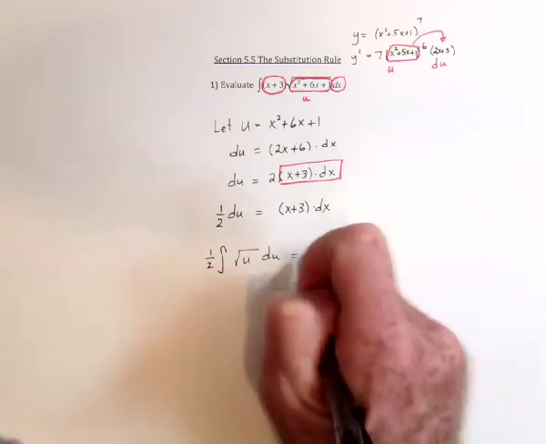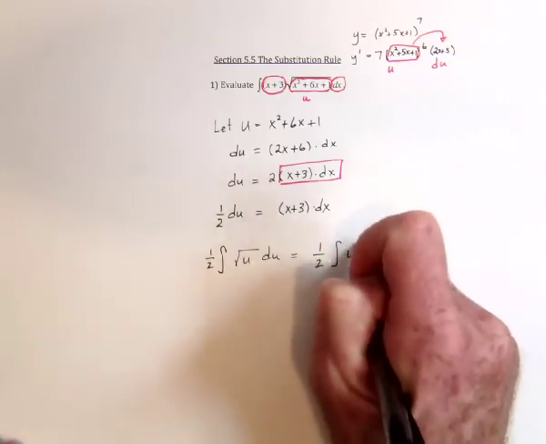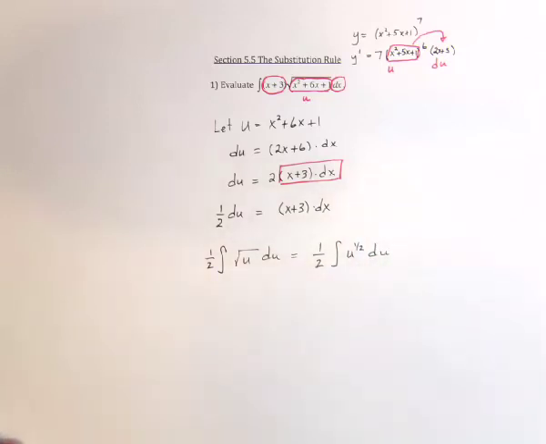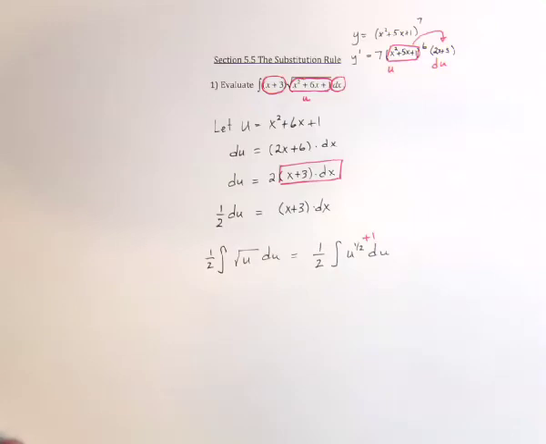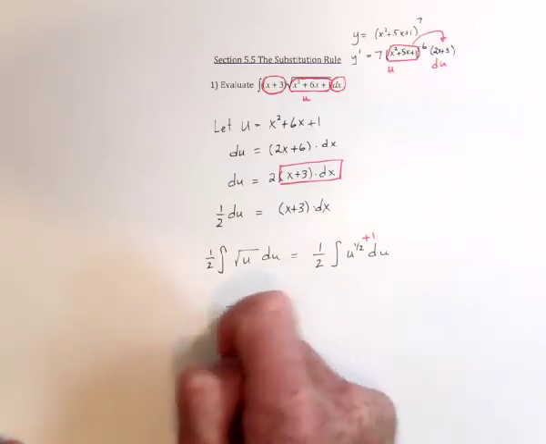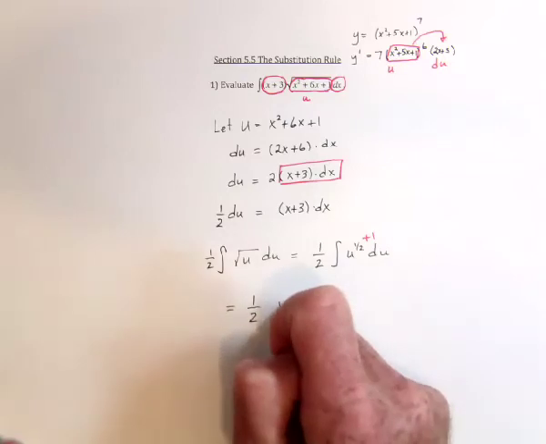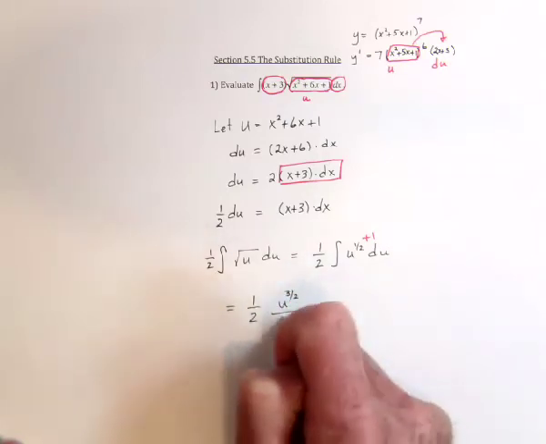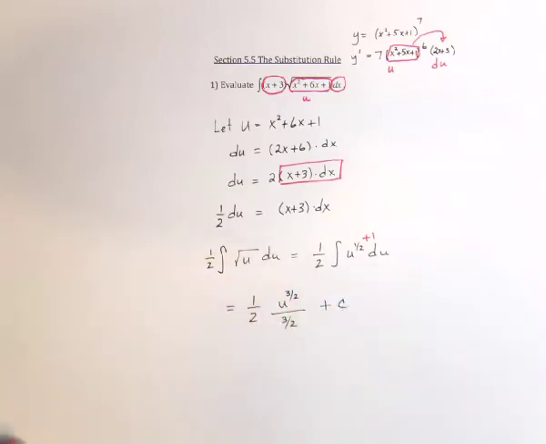And then to integrate this, I would rewrite the square root as the 1/2 power. For integration, you add 1 to the exponent and then divide by that number. So we're going to have a 1/2 already, and then u to the 3/2, and then divide by 3/2. And then plus a constant.